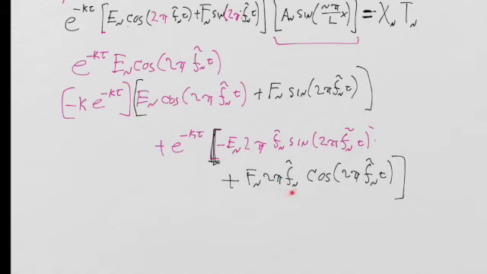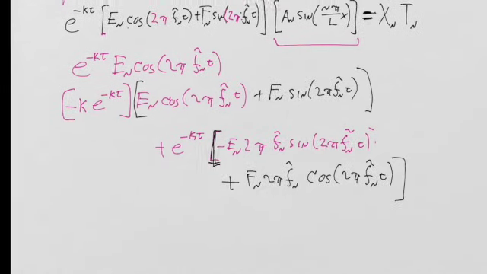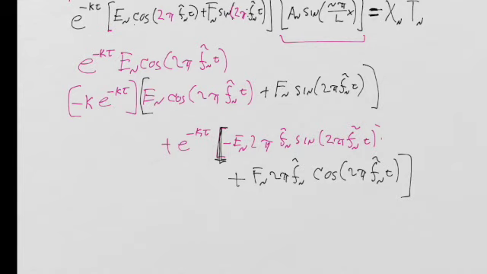So fn 2 pi fn hat cosine 2 pi fn t. And this total sum, this plus this, equals the time derivative of un of x and t.